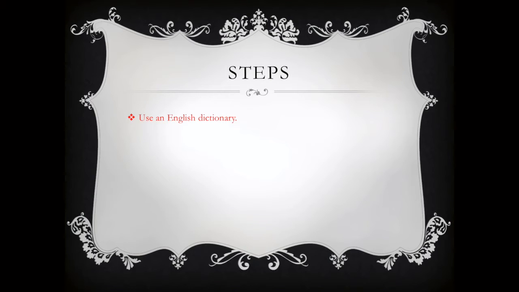It is not a translation dictionary. Oftentimes, words don't mean the same thing in two different languages. So you'll be taking a very large risk, and risks are something that you want to minimize when writing and when taking the CATW, especially.